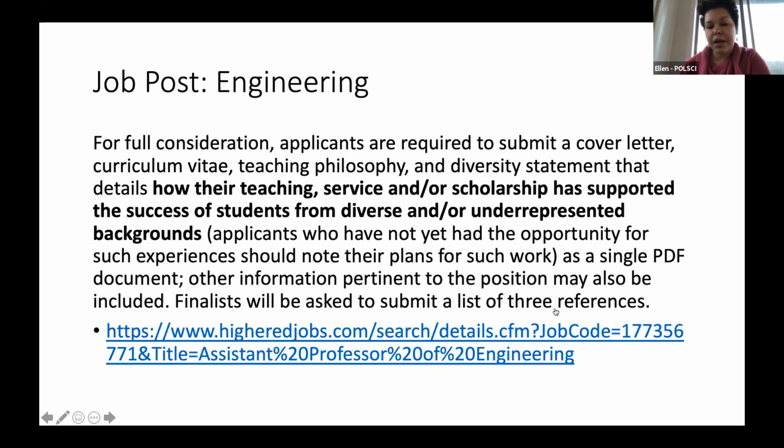And here, you can focus on race, you can focus on first generation students, you can focus on gender in male dominated fields, specifically engineering. You can talk about ability and disability, specifically providing examples of how you were able to support students from diverse backgrounds. What is important to include here is your understanding of the field.